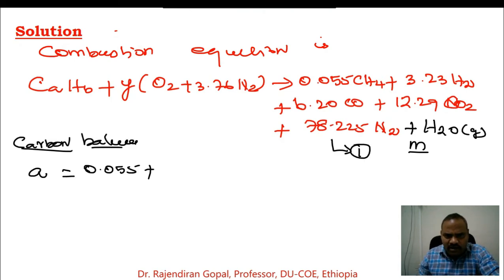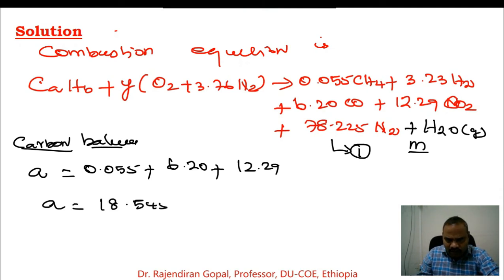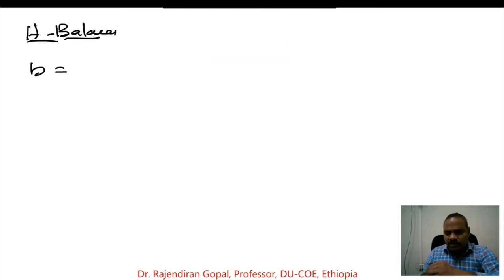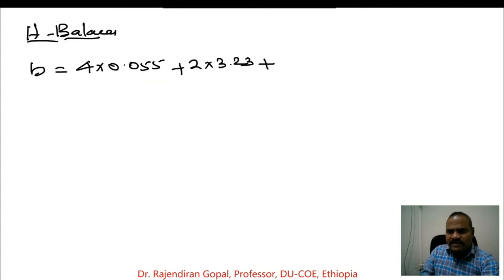Now when you are making a carbon balance, on the left hand side A is equal to 0.055 for methane plus 6.20 for carbon monoxide plus 12.29 for carbon dioxide. That is, A is equal to 18.545, equation 2. Now, when we are making an H balance, B is equal to 4 times 0.055 plus 2 times 3.23 plus M into 2 for water.